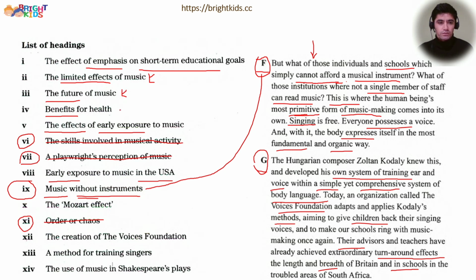Nothing about the future of music. Benefits for health. The effects of early exposure to music. There's nothing about early exposure. Early exposure in the USA. Nothing mentioned about the USA there. The Mozart effect. We have this composer, but his name is not Mozart.